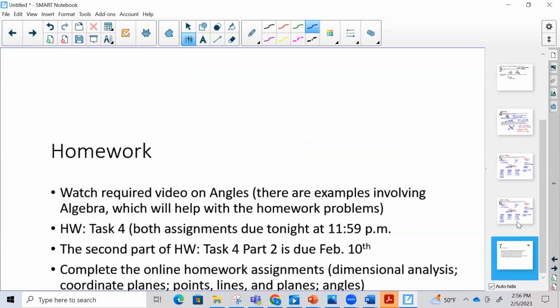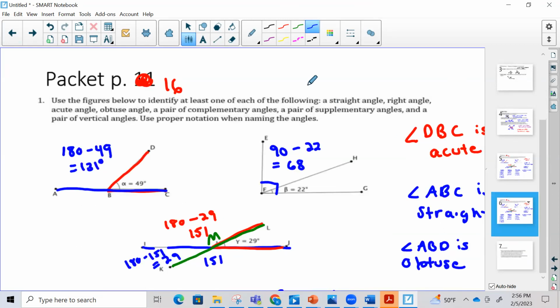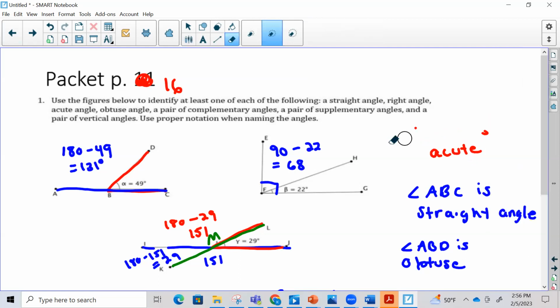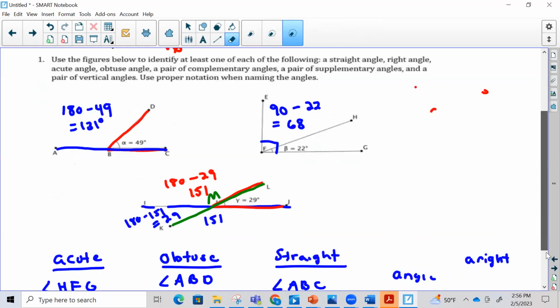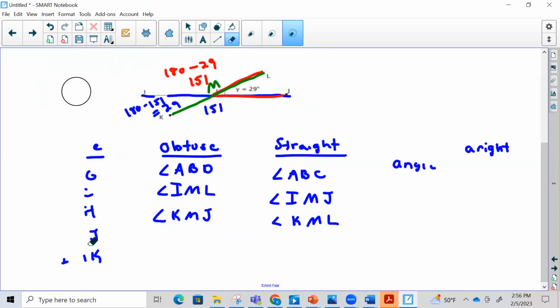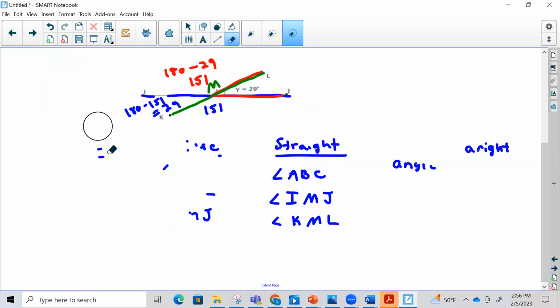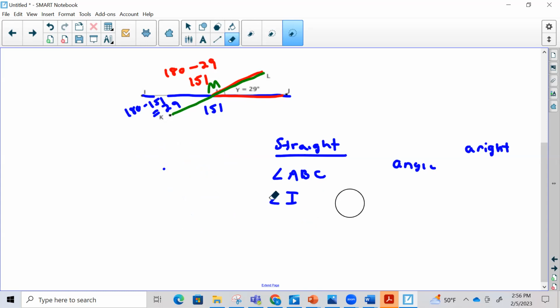Okay, duplicate the page. And then we're going to do on this page the angle pairs. So just give me a minute to erase all this.